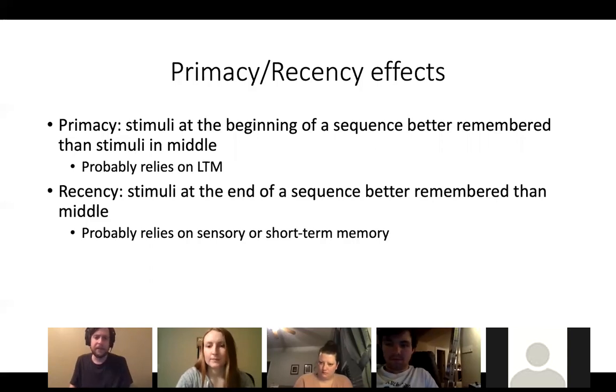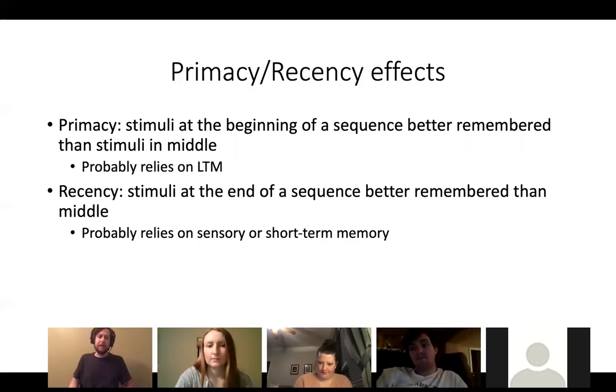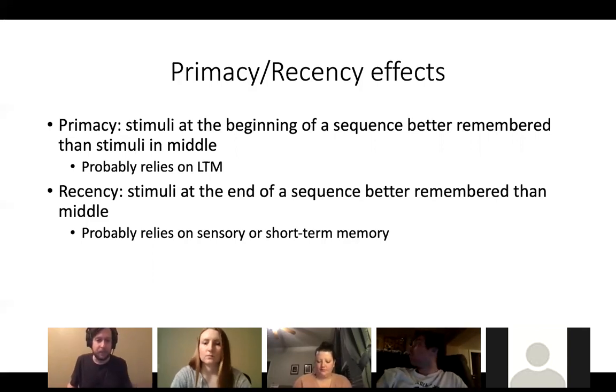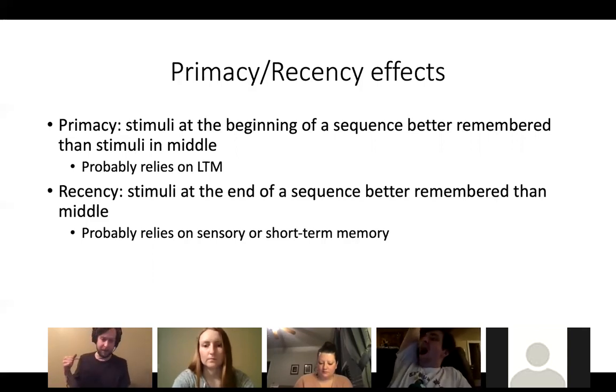The way the primacy and recency effects work is that I, as an experimenter, would give you a long sequence of numbers, maybe 20 to 50 digits long. I read off the whole sequence of numbers, or maybe it's a sequence of letters. Your job as the participant is just to remember as many of the numbers as you possibly can.